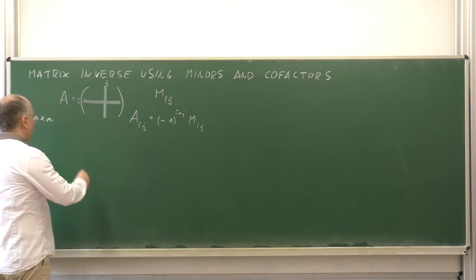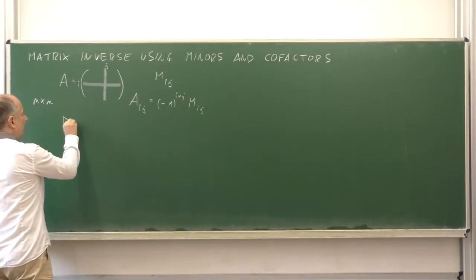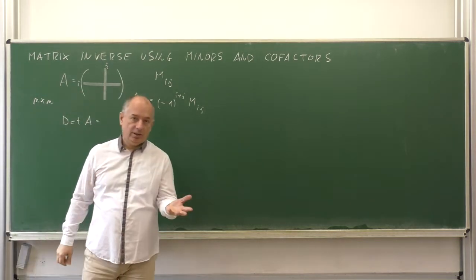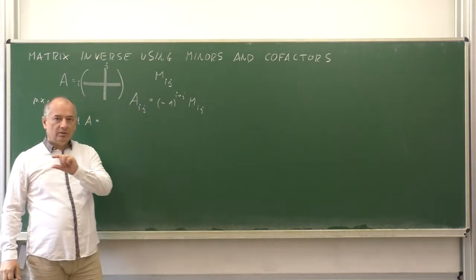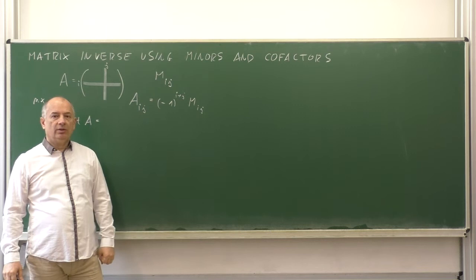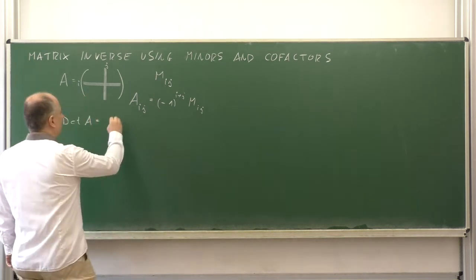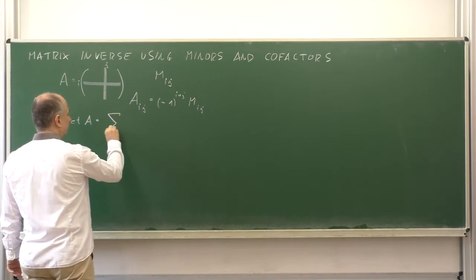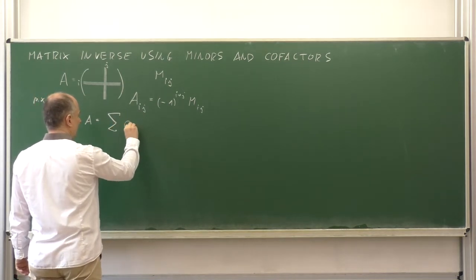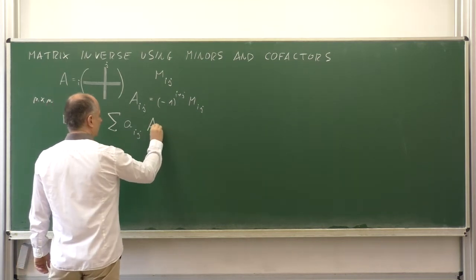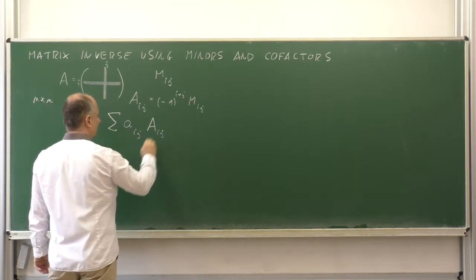You may remember that the determinant of this square matrix can be defined using the expansion along a given row or a given column, as the sum of a sub ij times capital A sub ij.